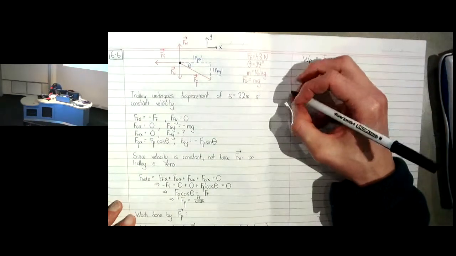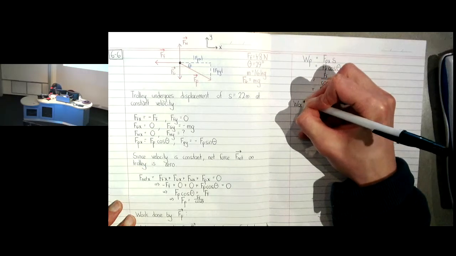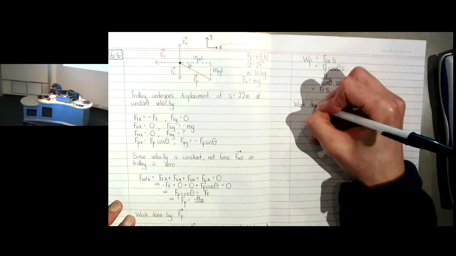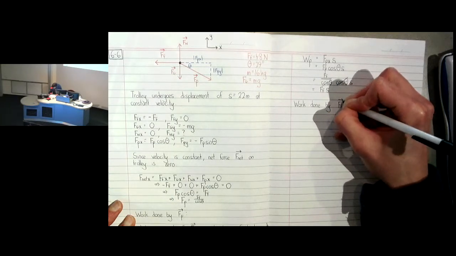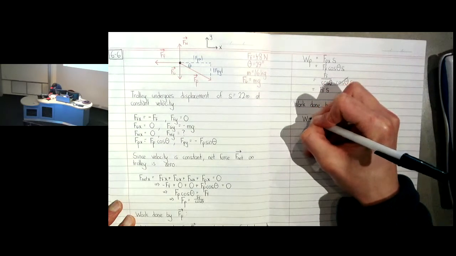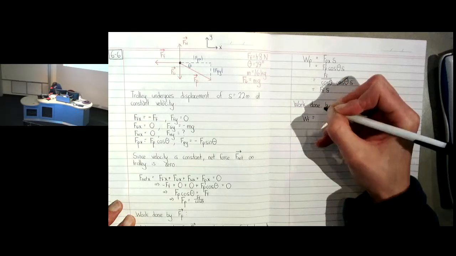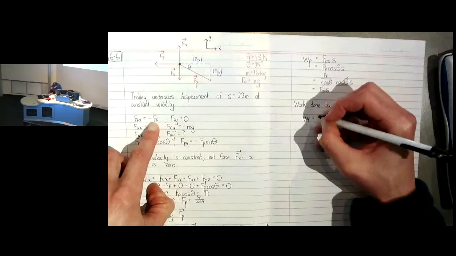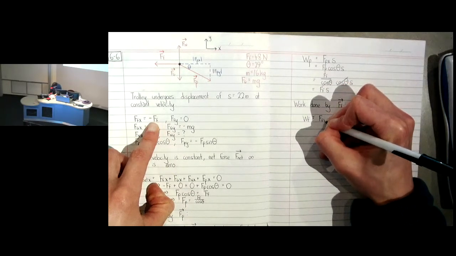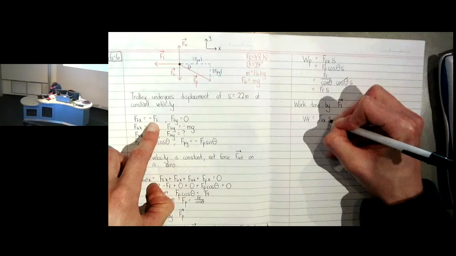And now the work done by the frictional force is equal to the component of the frictional force in the direction of the displacement. So again, the x component, so we're going to have Ff x, and then multiplied by the displacement.